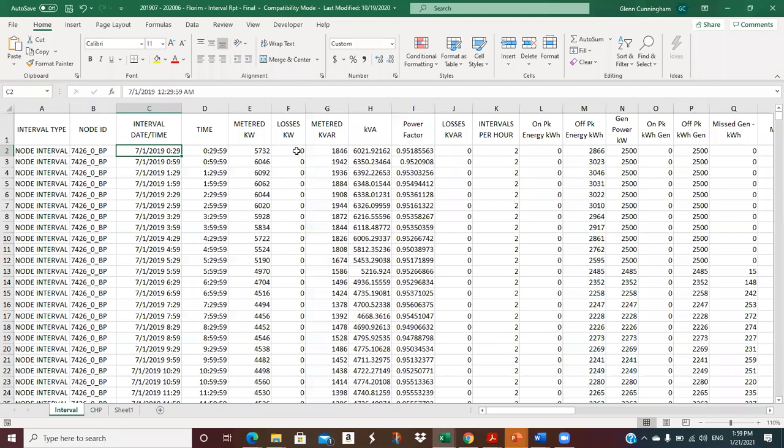I don't know what they intended for this column; it's all 0. There's your kVAR, and there's your kVA. There's the kW, there's the kVAR, so that's the kVA, and I went ahead and calculated power factor.